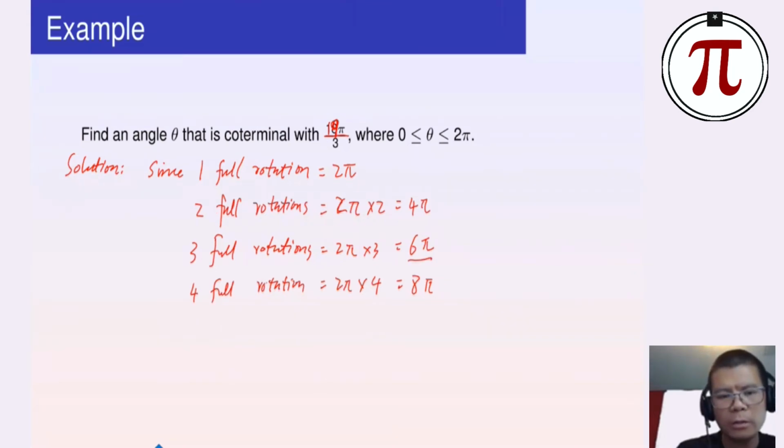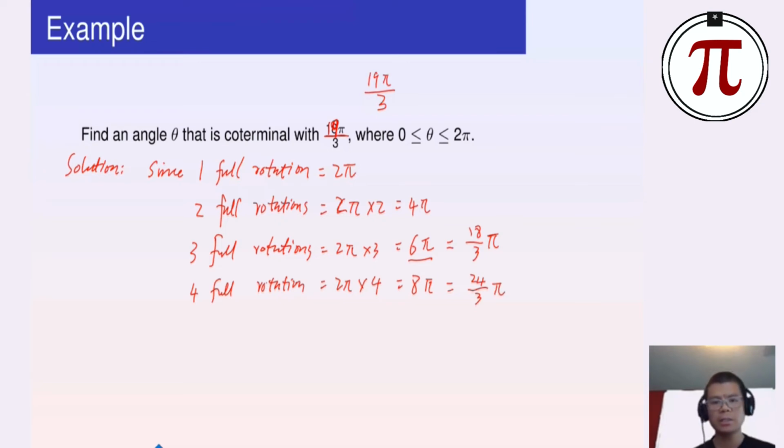So now 6 pi, now we are trying to find the angle that is coterminal with 19 pi over 3, right? 19 pi over 3. Now 6 pi is what? 6 pi can be written as 18 over 3 times pi, right? And this one is 24 over 3 times pi, correct?